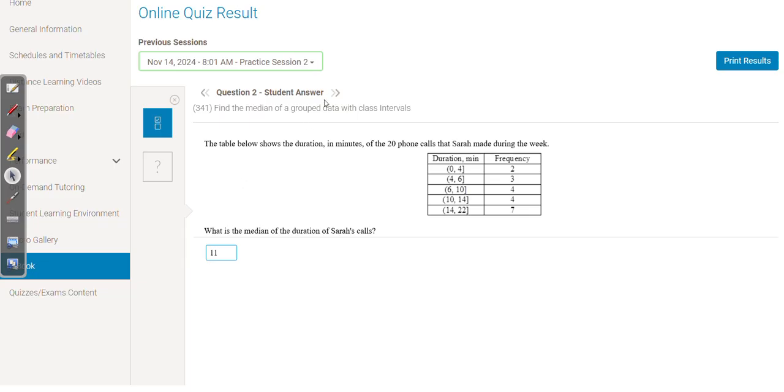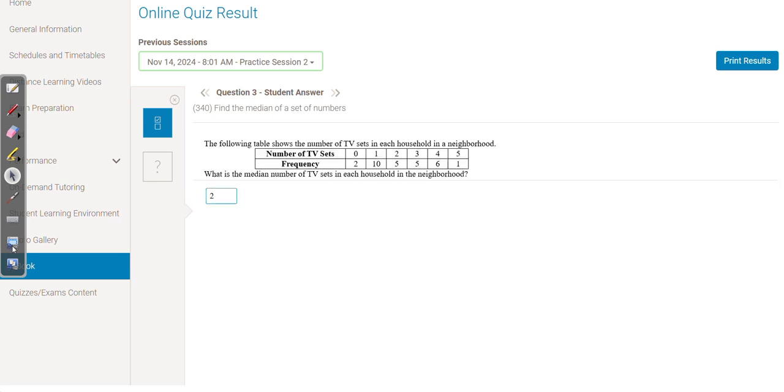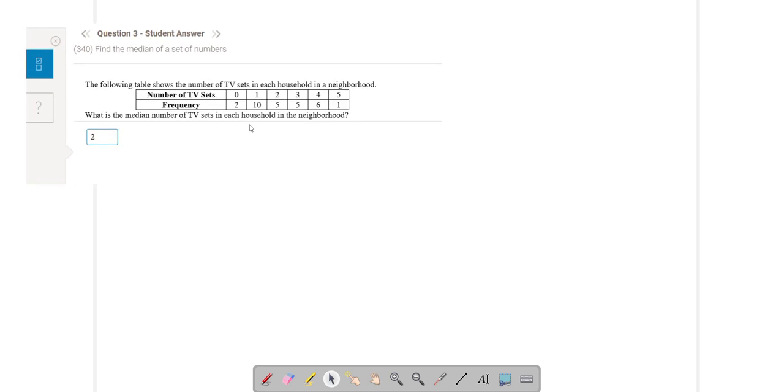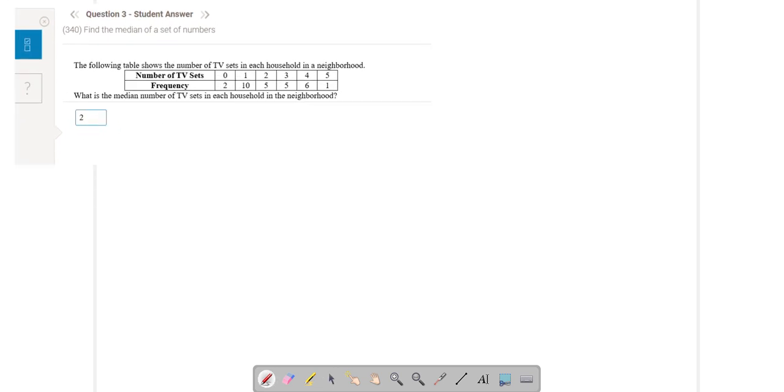Moving on. Okay, so beforehand we saw how to find the median in intervals. Here we don't have intervals. You can do this very easily by simply getting the total frequency, which is 2 plus 10, 12, plus 5, 17, plus another 5, 22, plus 6, 28, plus 1, 29.